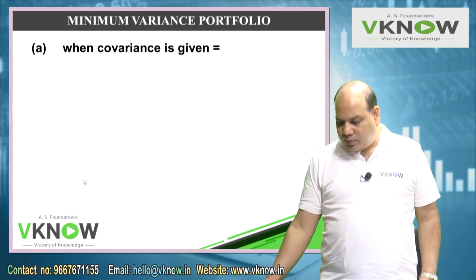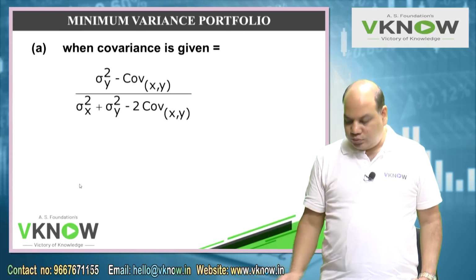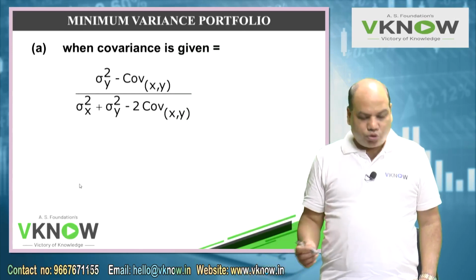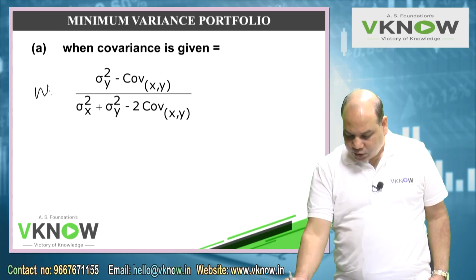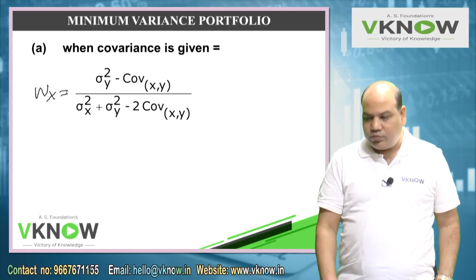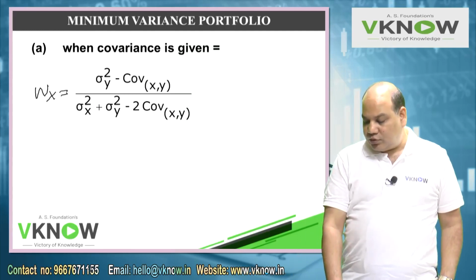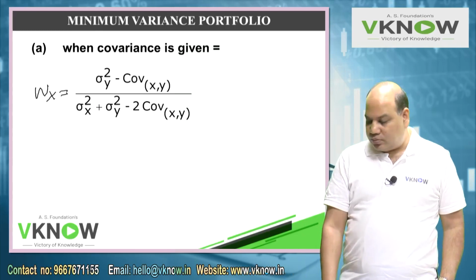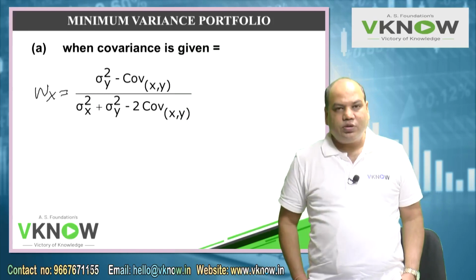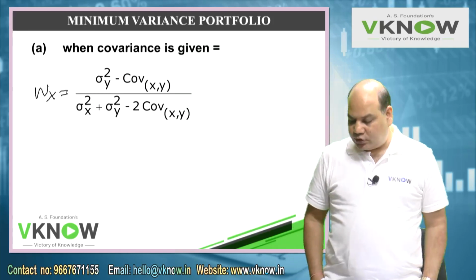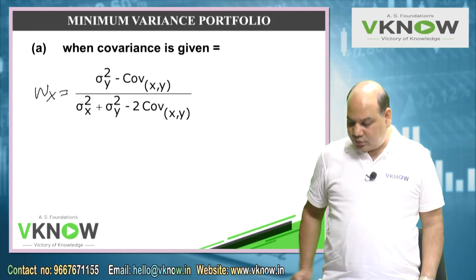So the formula depends on the data given to you. Suppose we have two stocks X and Y. Weight of X will be equal to sigma Y square, means variance of Y, minus covariance of X and Y, upon sigma X square plus sigma Y square minus 2 covariance X and Y.